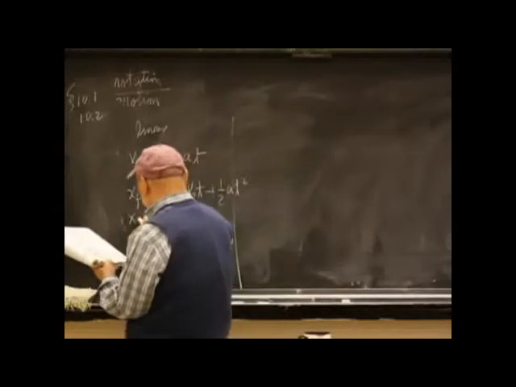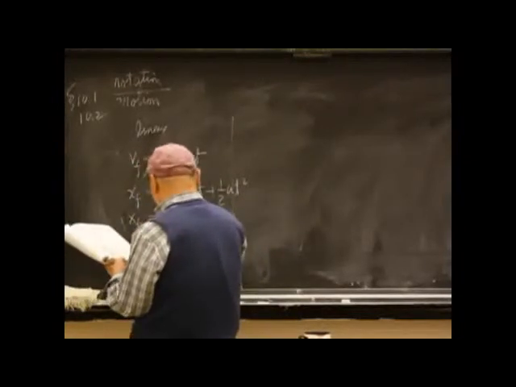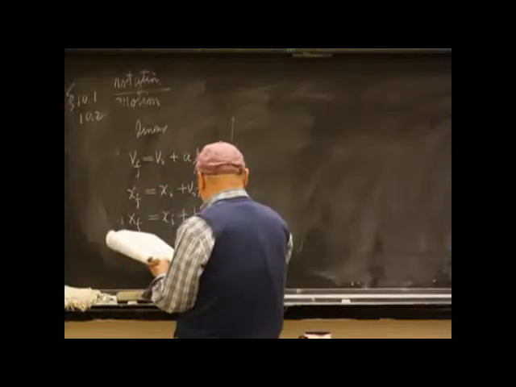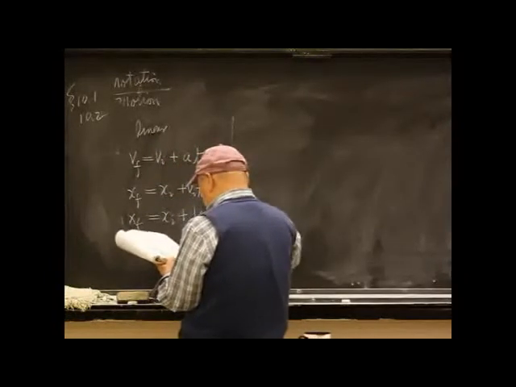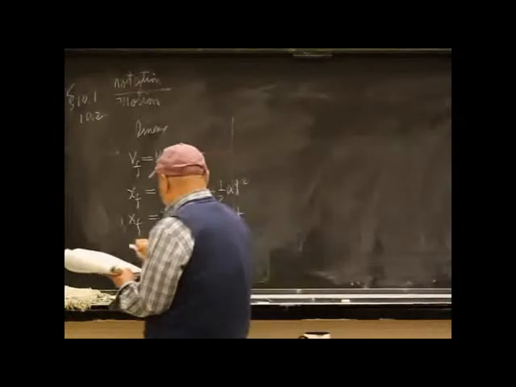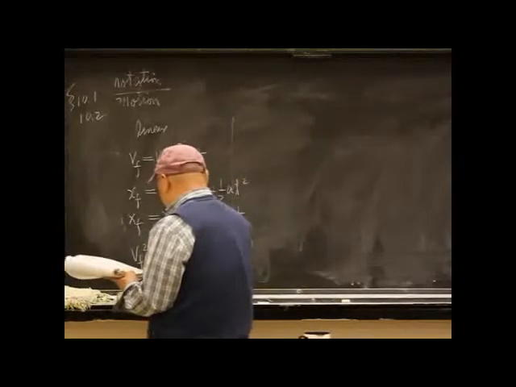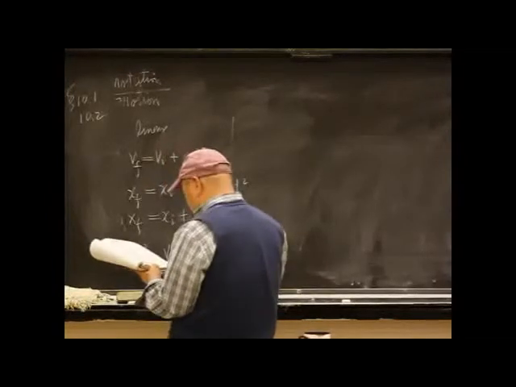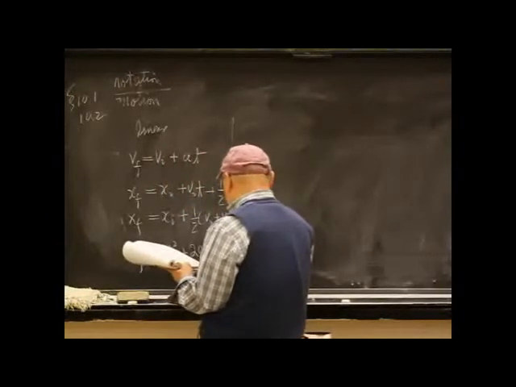And then x sub f equals x sub i plus 1/2 (v sub i plus v sub f) times t. And v sub f squared equals v sub i squared plus 2a (x sub f minus x sub i).